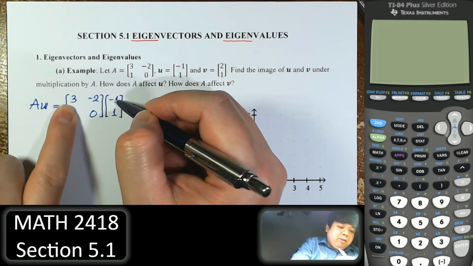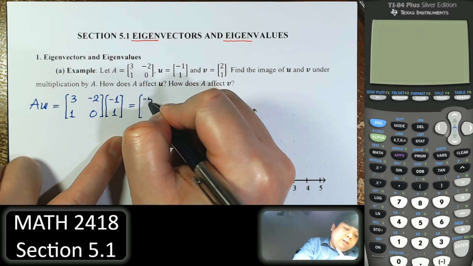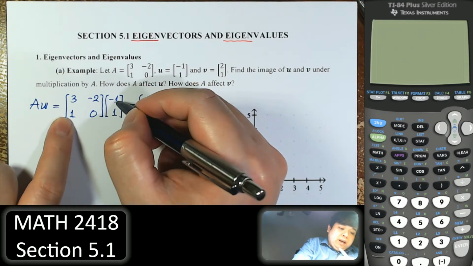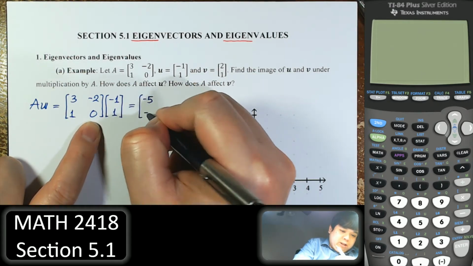So that gives us -3, -2, that's -5, and then -1, 0, and 1, so -1.